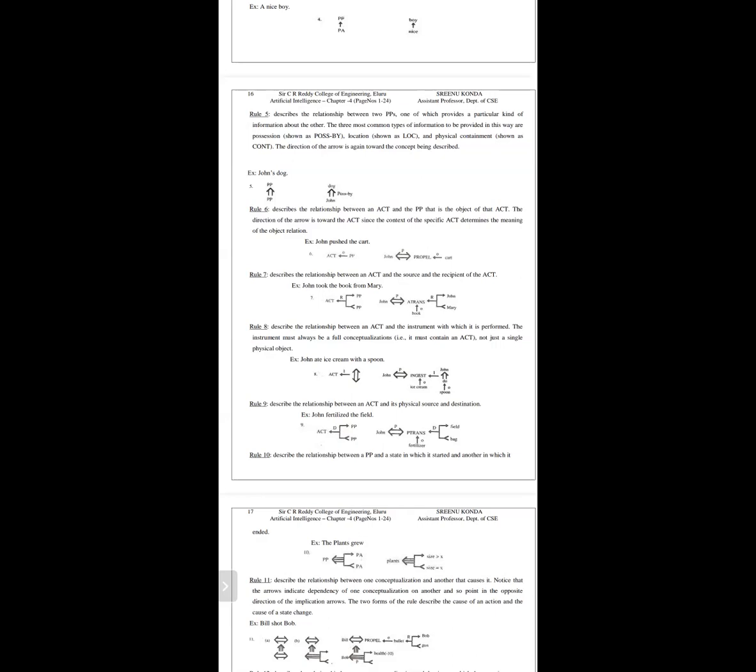PP arrow PP, John arrow dog. In between John and dog we write POS by, which means possession, who is possessing the thing.